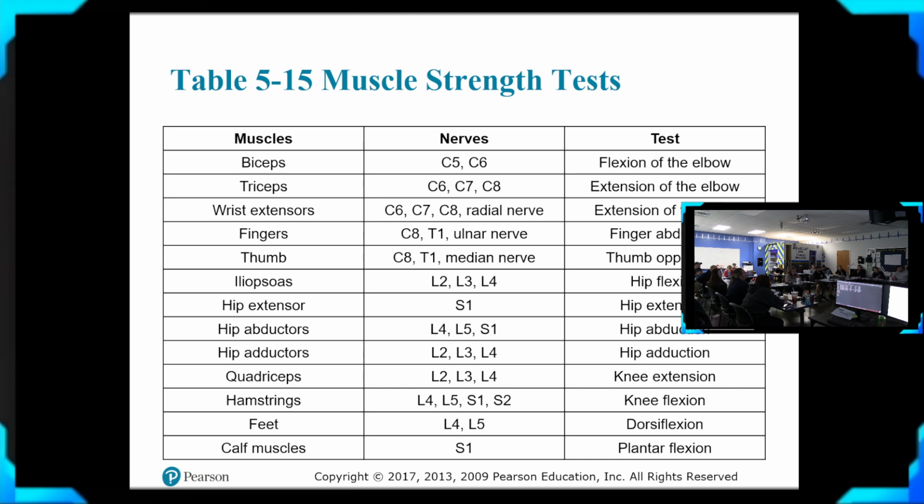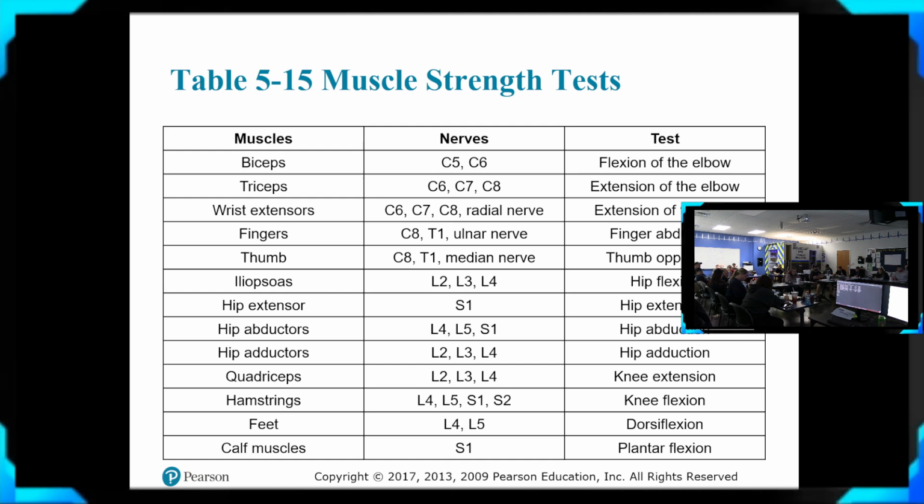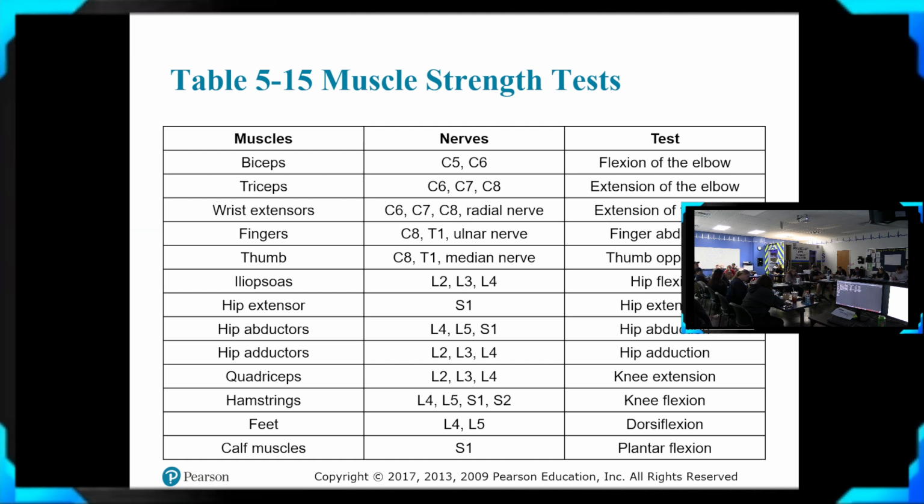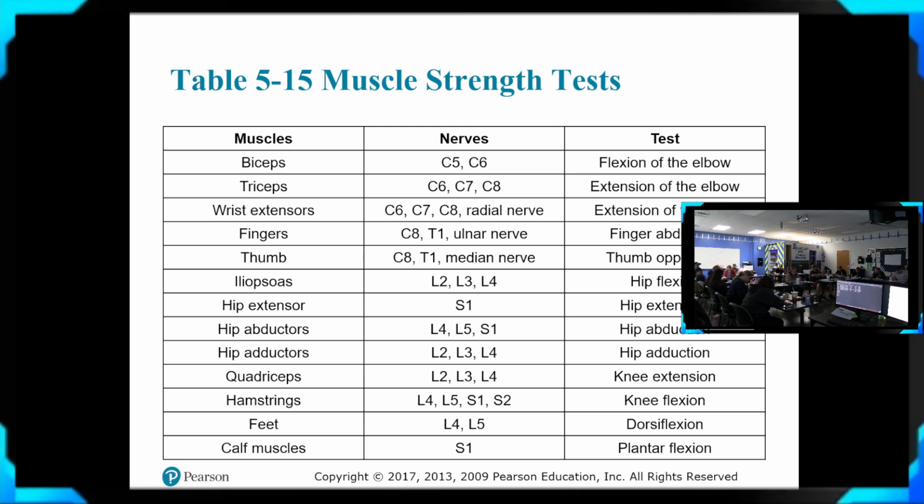This is a good chart. That is on what page in your book? 161. That's kind of a dermatome thing that shows what peripheral nerves control what and where they exit at. The reason it's good to know this is if you do ever have a spinal injury, right?